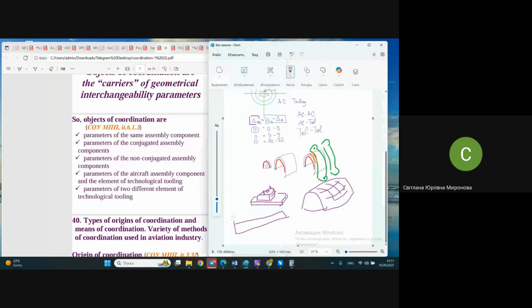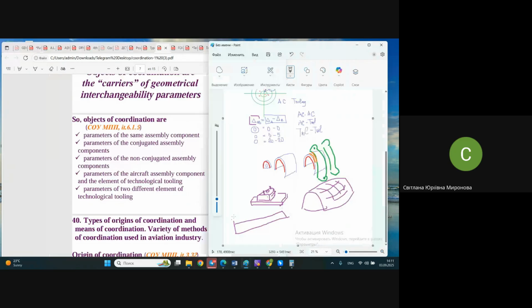Where? Either on some airplane component, like the rim of the frame, or the web of the spar, or the cap of the rib, or whatsoever other element of the airframe. Typically, these techniques of providing coordination are directed exactly onto airframe elements. And on the other hand, we have tooling, which was responsible for manufacturing of these assembly components we're talking about.